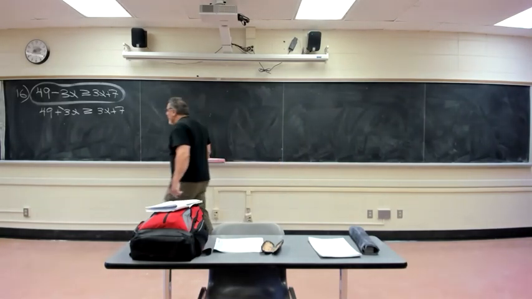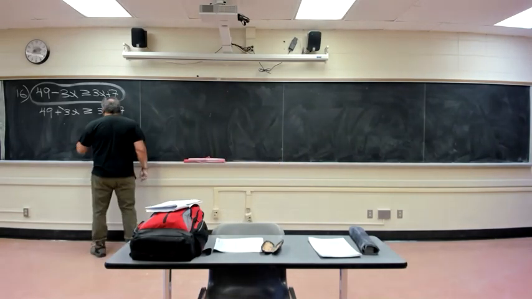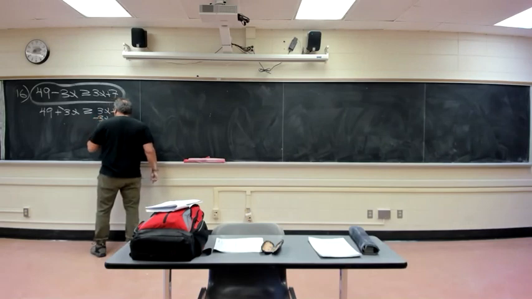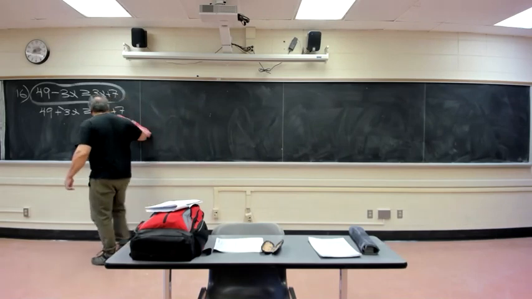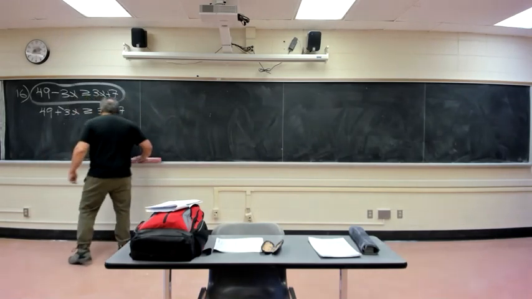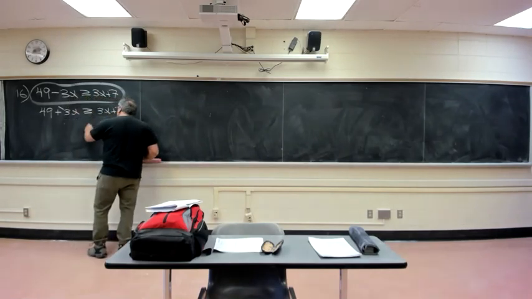Okay, we know that. Tell you what I'm going to do. I'm going to add a negative 3x. Now, let me try this a couple ways here. Not sure what the best way is to do it. Let me think a little bit.